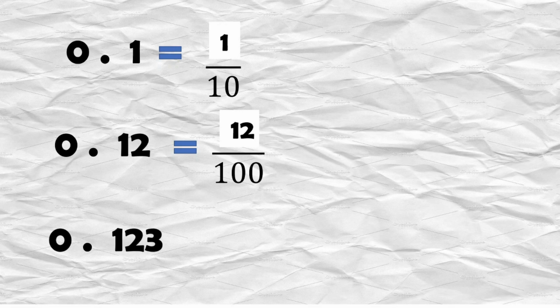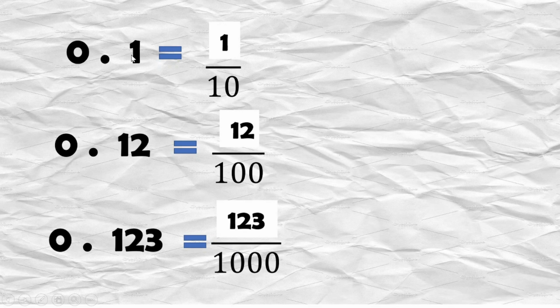Next, we have 0.123. So we have tenths, hundredths, and thousandths. If you have 3 numbers after the dot, the denominator is thousandths, and copy the number 123. Okay?